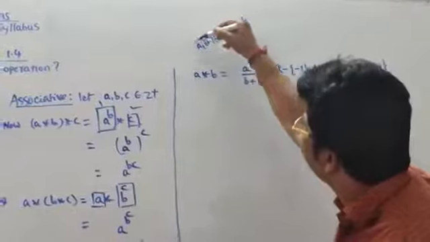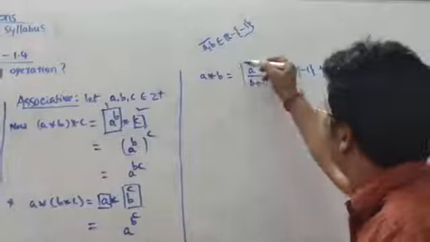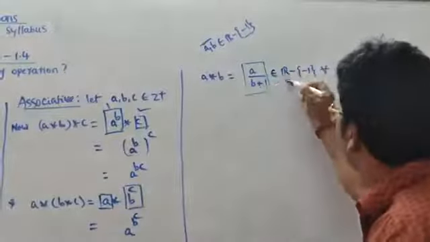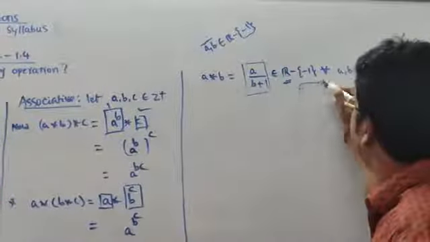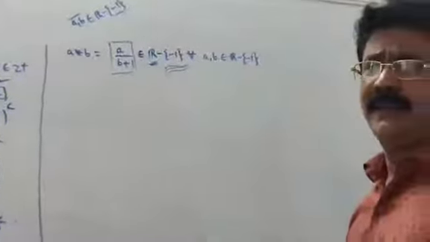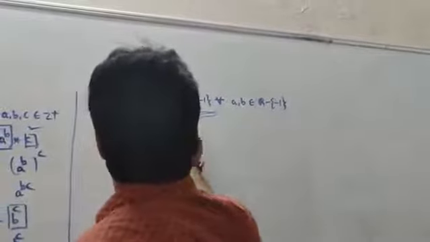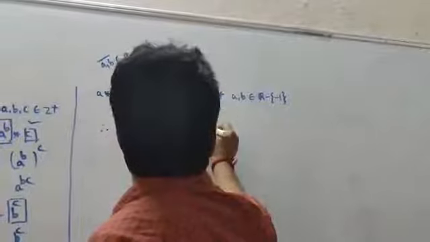Take any two real numbers instead of A, instead of B. After substituting, the resultant value is also any real number but except minus 1. Understand? Right. Therefore, star is a binary operation.